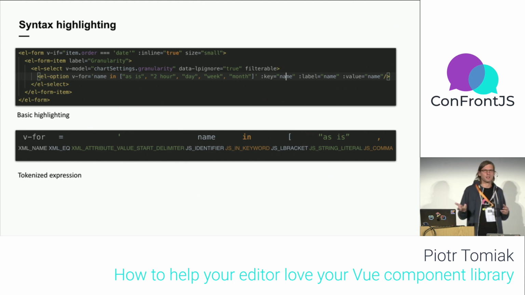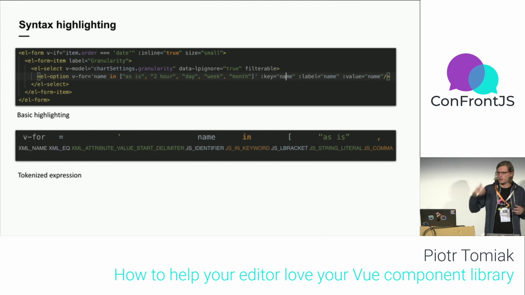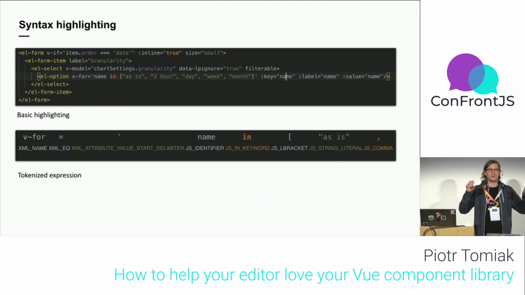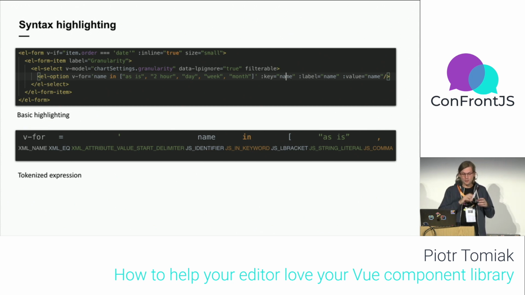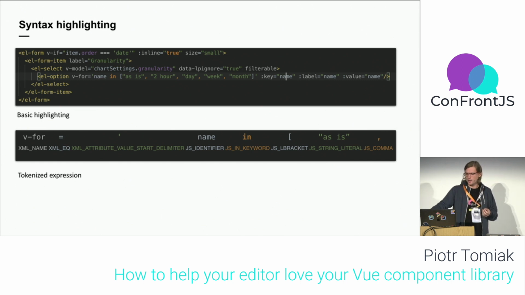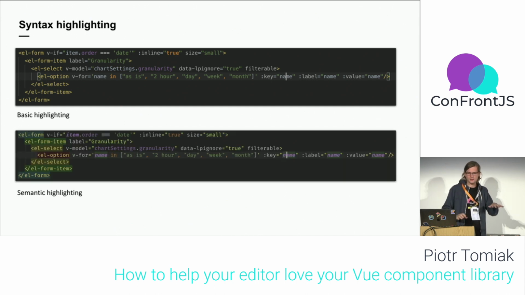For instance, TextMate, which is used in VS Code, is using regular expressions to tokenize the file. And once we have it tokenized, which means we convert the text to something more understandable to the analyzing engine, then we can connect that with colors. And that's how you get, for instance, this v-for being highlighted. So this is the basic syntax highlighting.